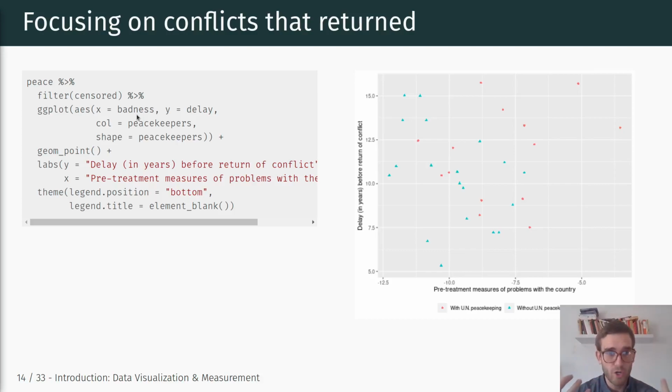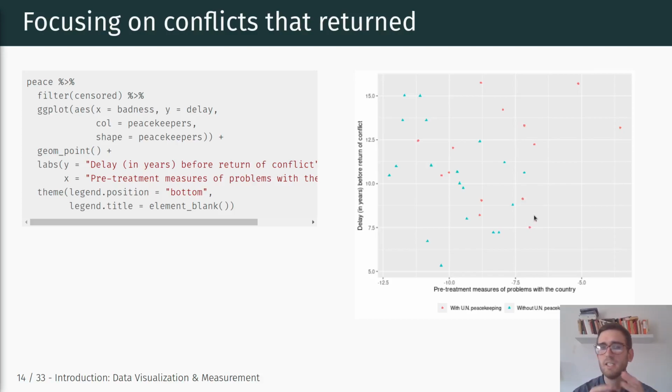But what it will show is that UN peacekeeping missions didn't select on lower badness scores, and you can actually see a similar pattern here, right? If you just look on the x-axis, the pre-treatment measure of problems with the country, you'll see that all these observations out here are observations where there was UN peacekeeping, right?